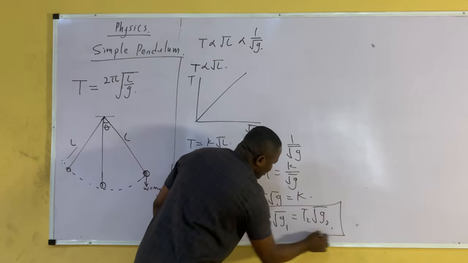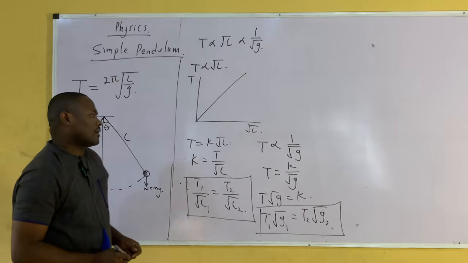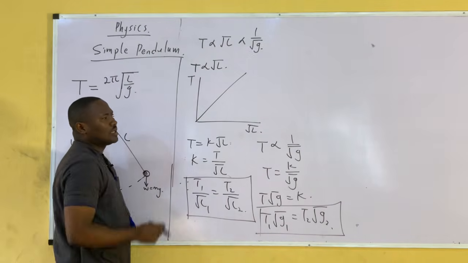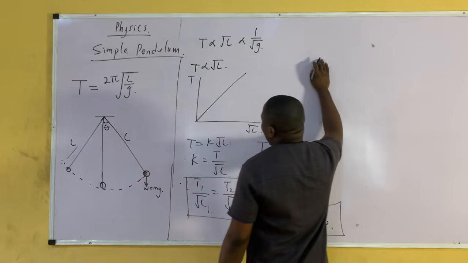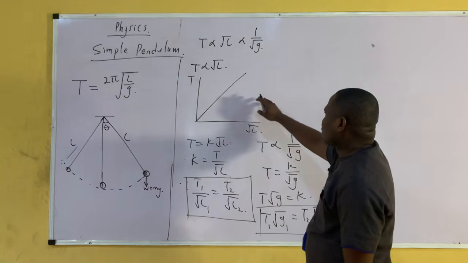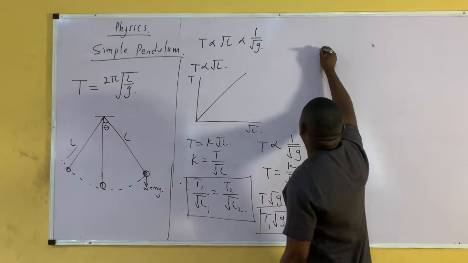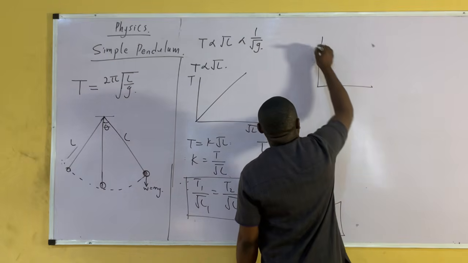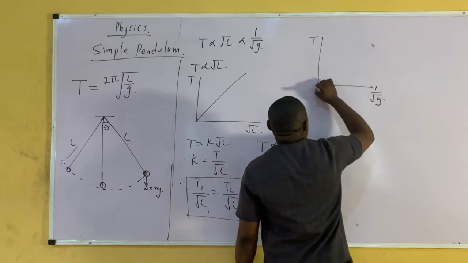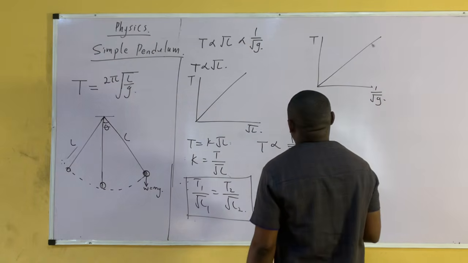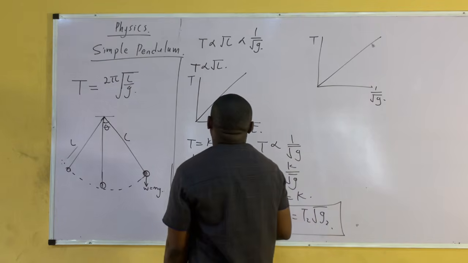Now this is in terms of period and gravity, and the other is in terms of period and length. Now these are very important, because they help us to know the various kinds of graph we can plot. So I can still plot a graph of T against 1 over root g, and it's also a straight line graph. Take note of this, it's very, very important.